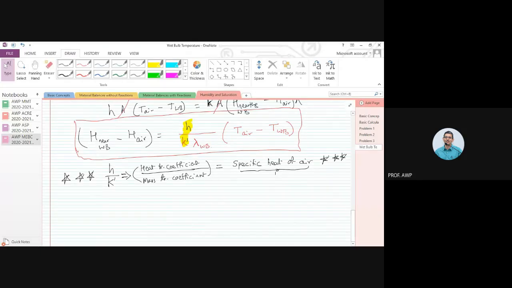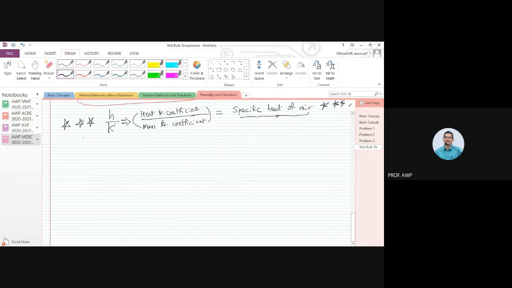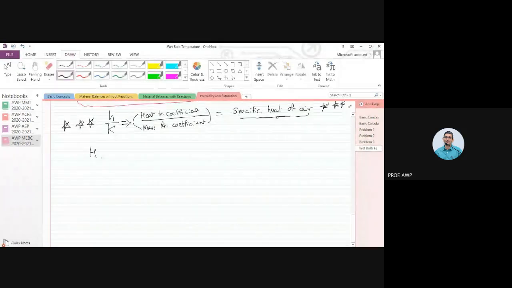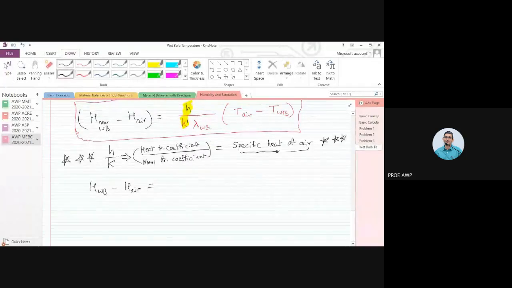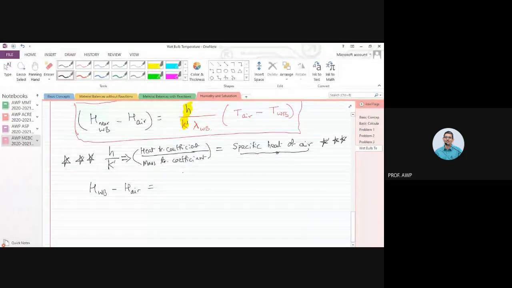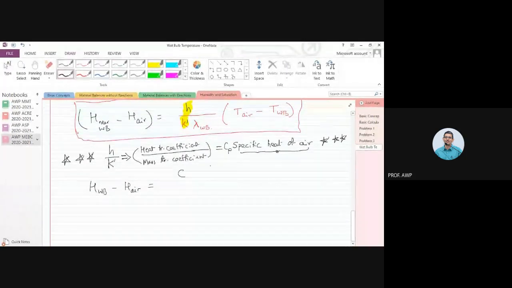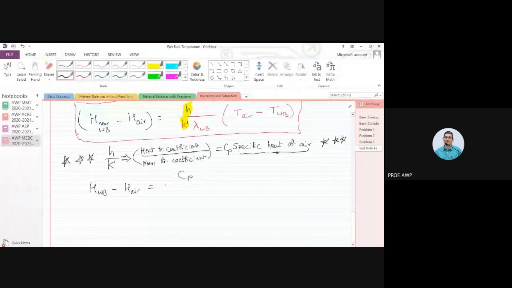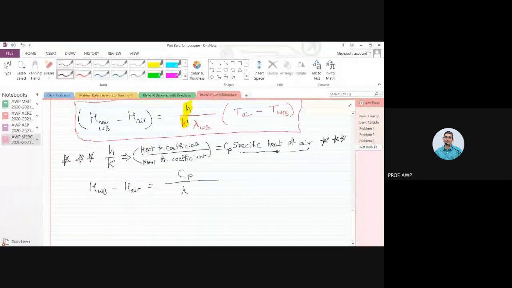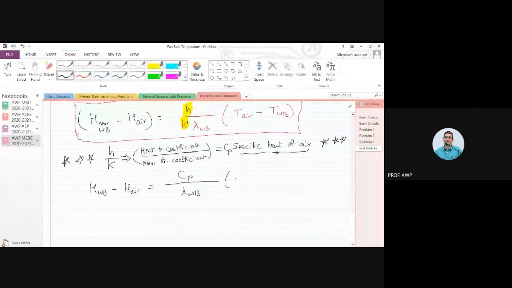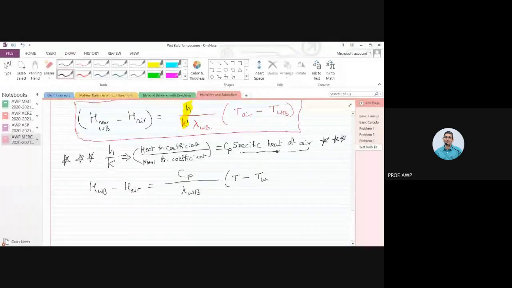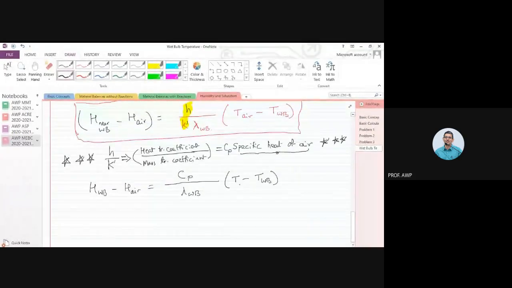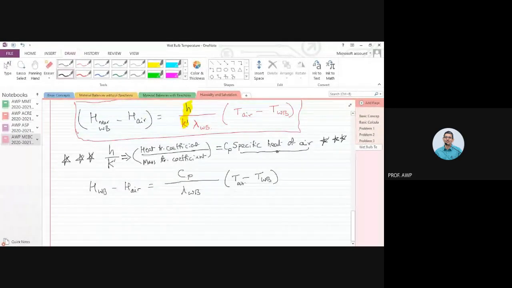So now this H wet bulb, the humidity near the wet bulb, minus the humidity of the air, is going to be the specific heat, let's call that Cp, divided by lambda at the wet bulb temperature, times T minus T wet bulb, T of air minus the wet bulb temperature.